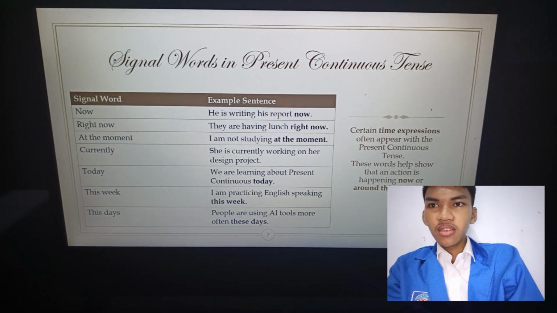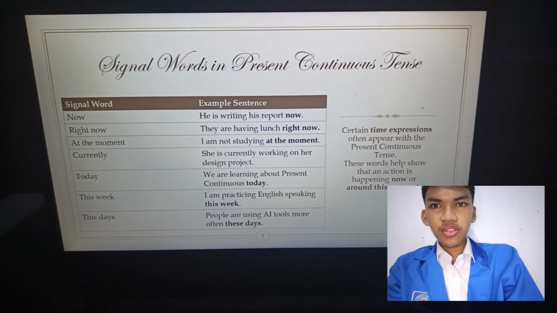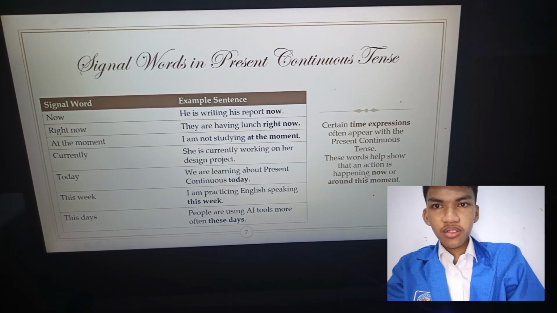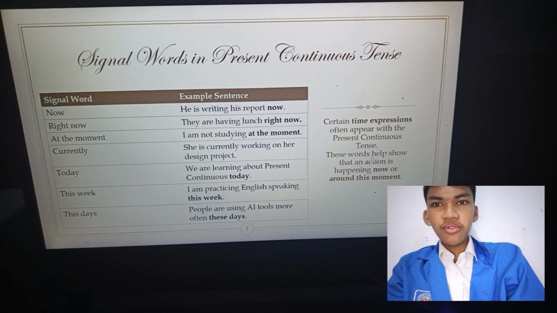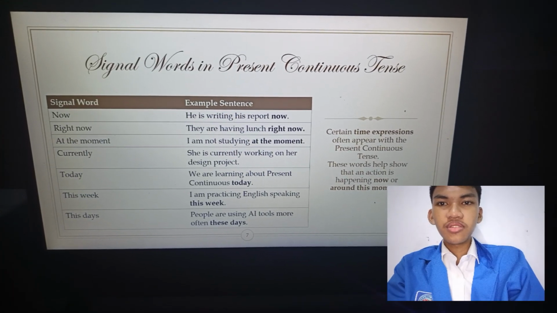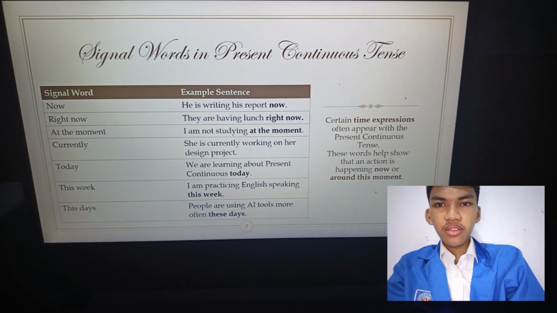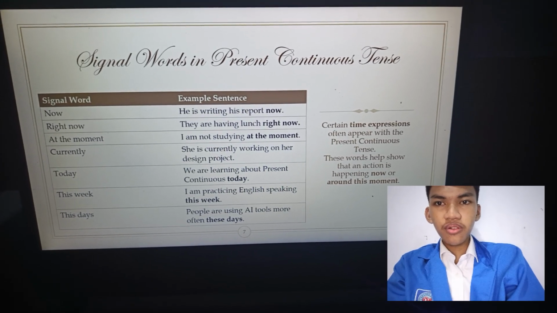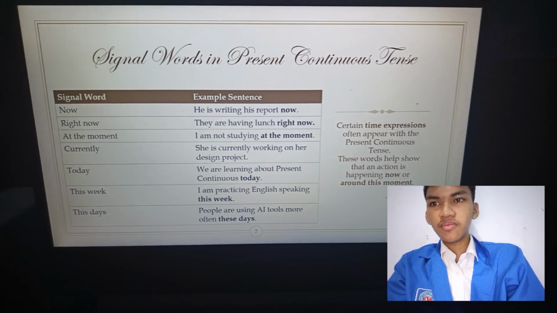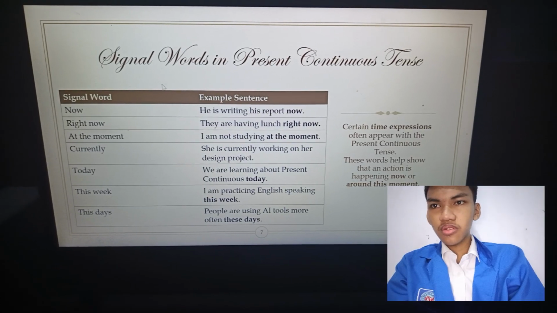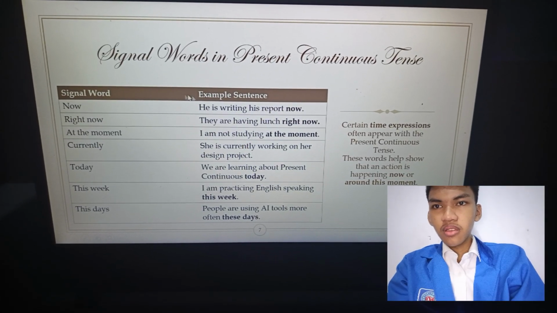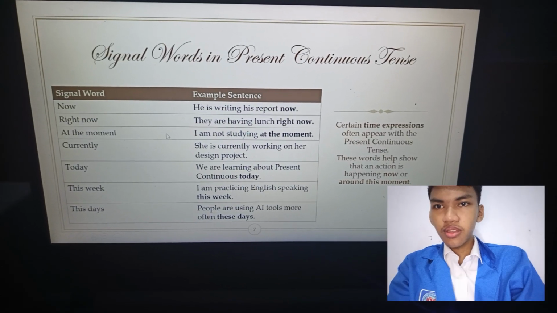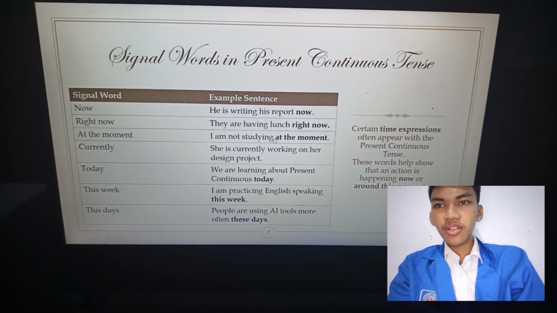Next, signal words in the present continuous tense. Certain time expressions often appear with the present continuous tense. These words help show that an action is happening now or around this moment. Now: he's writing the report now. Right now: they are having lunch right now.